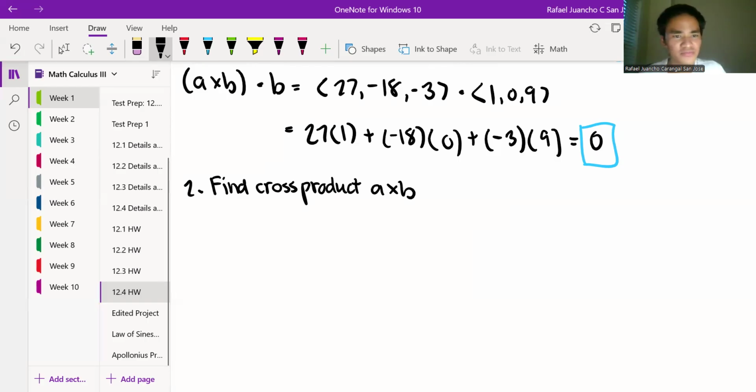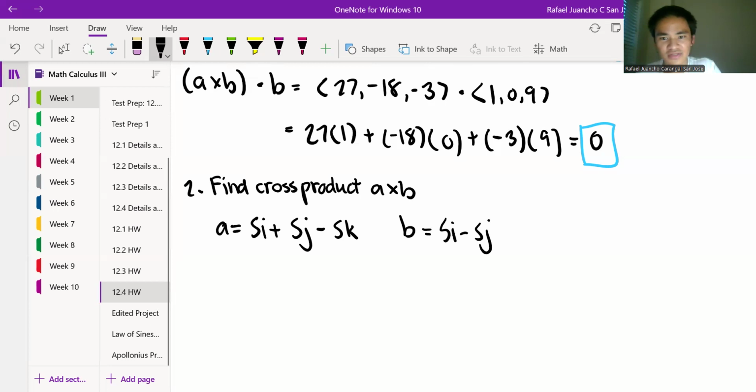So we have A in IJK form, so 5i. IJK, they're standard basis vectors. And our B is 5i minus 5j plus 5k.